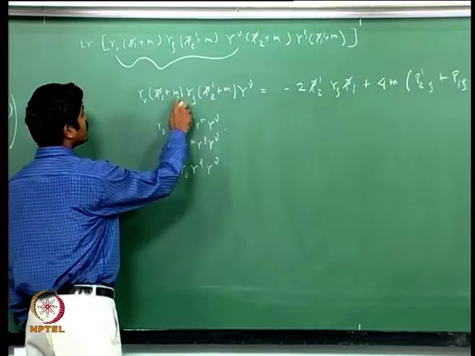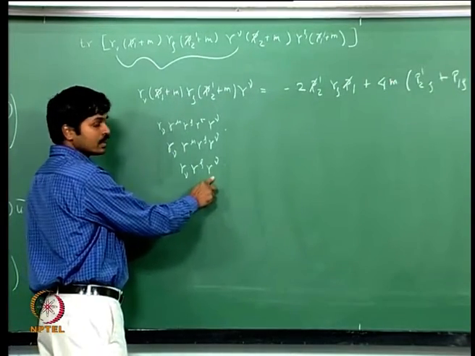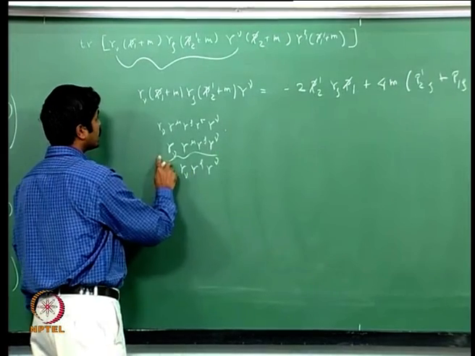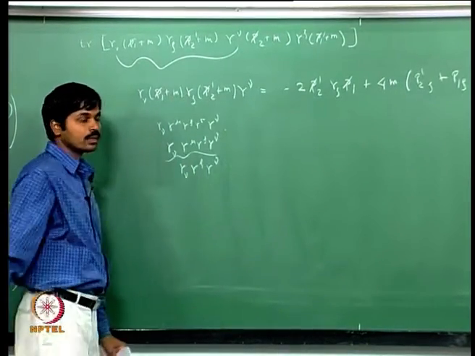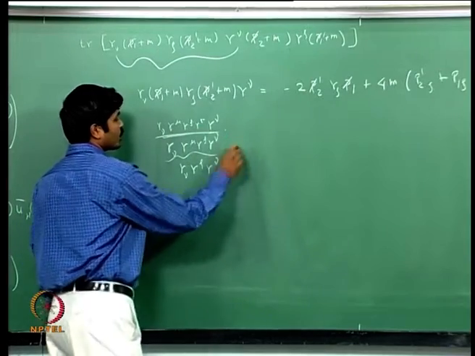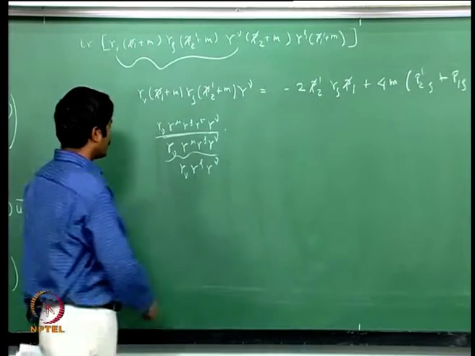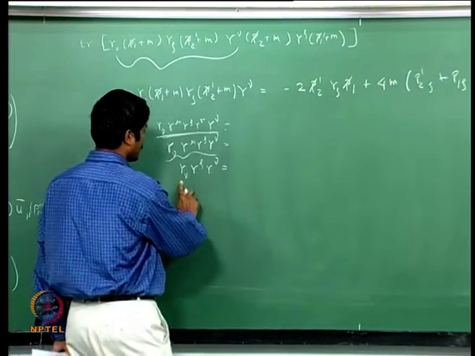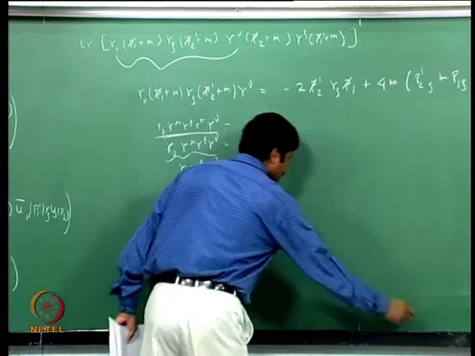The coefficient of m squared is just this, and the term which is linear in m contains something like this, whereas the remaining term contains some expression like this. So all these things we can simplify greatly. Let us consider the last one first.